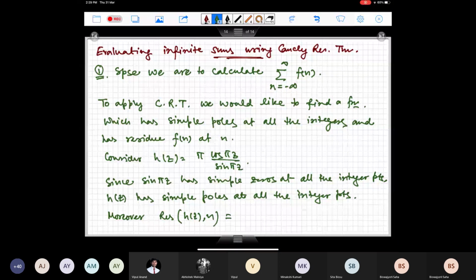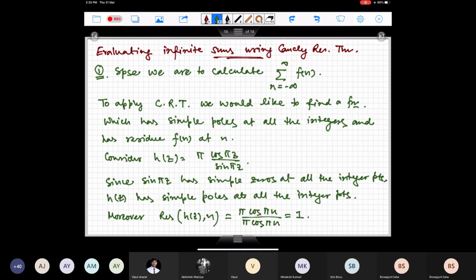Therefore, this one is pi cos pi n, and in the denominator I also have pi cos pi n. So I get the residue to be equal to 1. That's the reason why I did this adjustment with the pi, and I also took this cosine over there, so that the residue comes out very neatly as 1.